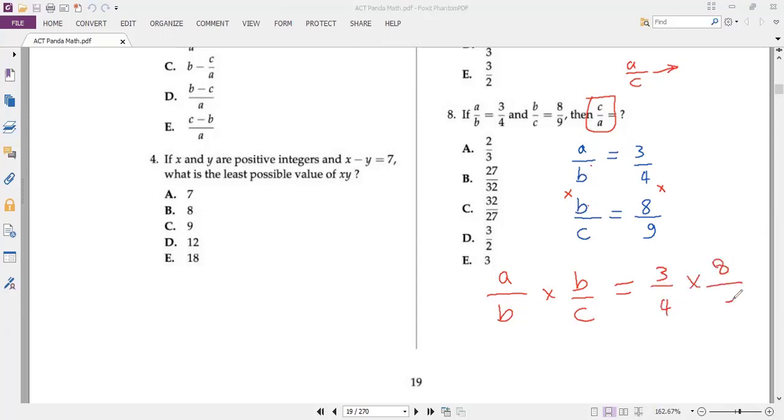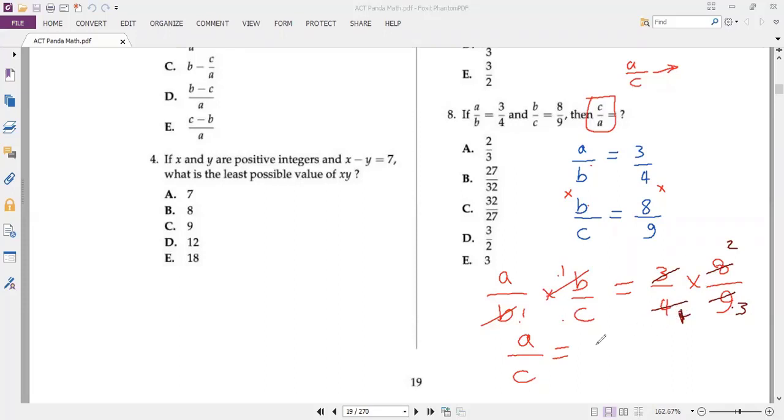So we have another value. A over C, just eliminate B, A and B up and down. This one, A times 1, C times 1. Here, you can use a calculator, or if you are smart, you can divide by 3 up and down, divided by 4 up and down.